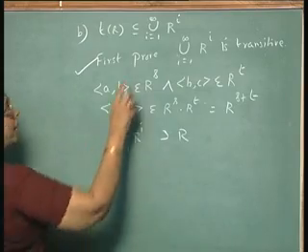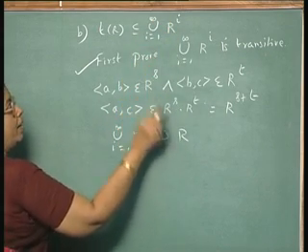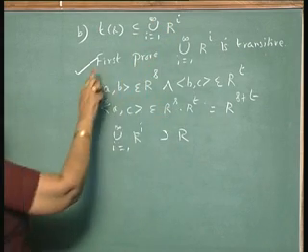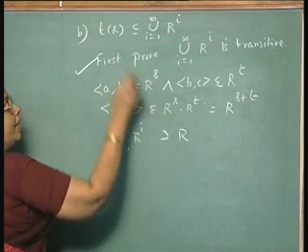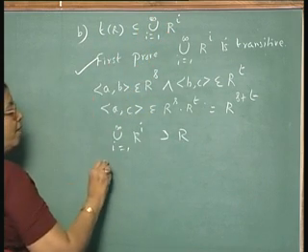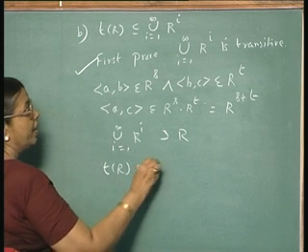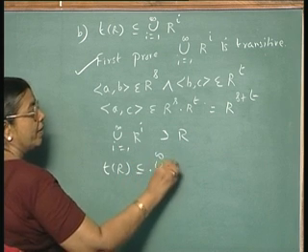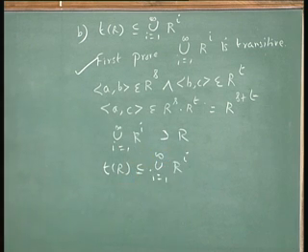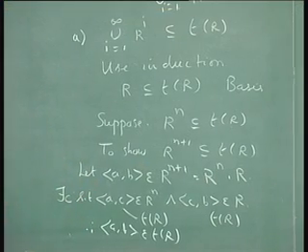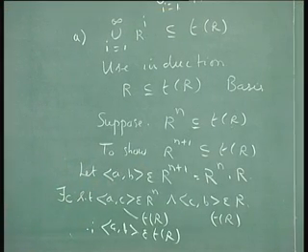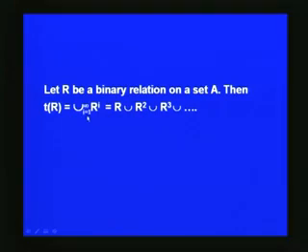So, this is a transitive relation containing R, and by definition of TR, any transitive relation containing R should contain TR. So, we get this result, TR is contained in the union over i equal to 1 to infinity of R^i. So, these parts A and B together give us this result, that is, TR is equal to the union over i equal to 1 to infinity of R^i, R union R squared, R cubed, etc.